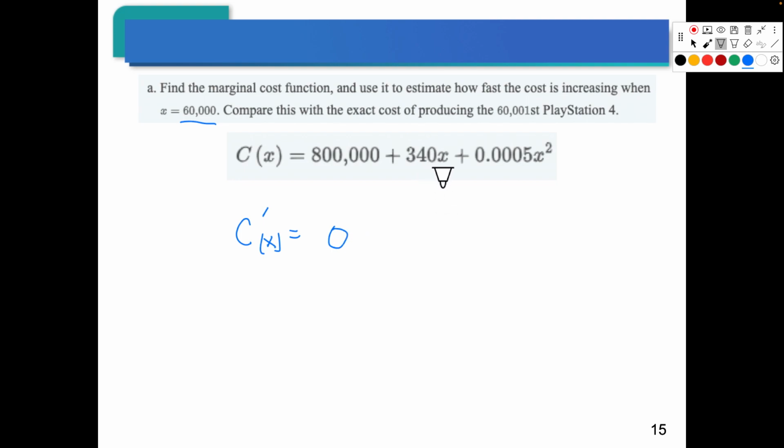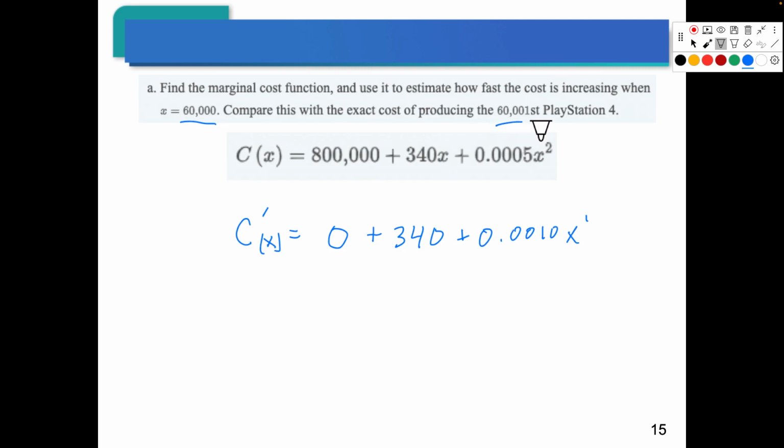What's the derivative of 340x? 340. The x has gone away because we subtract 1 from the exponent, it's x to the 0. So that's that. And then what's this last term? 2 times 5 is 10. So I'll write it like that. x to the first power. So there's our derivative function.